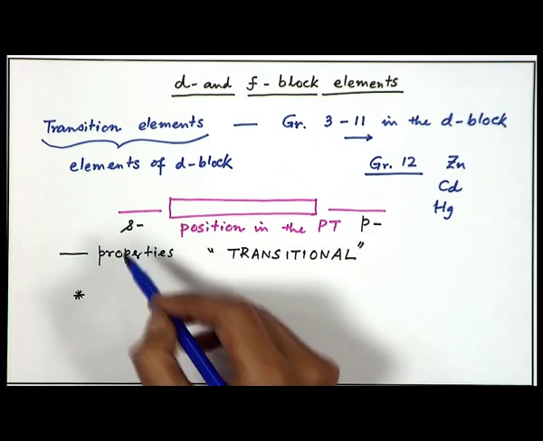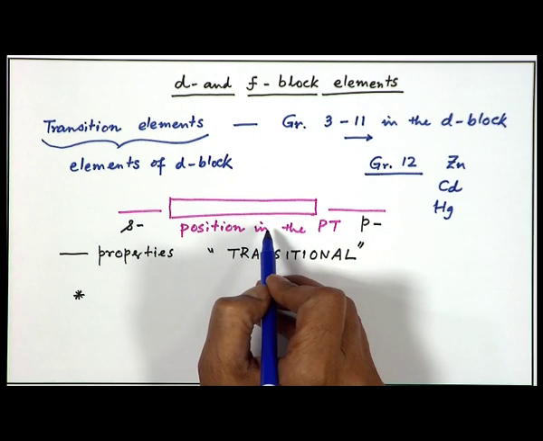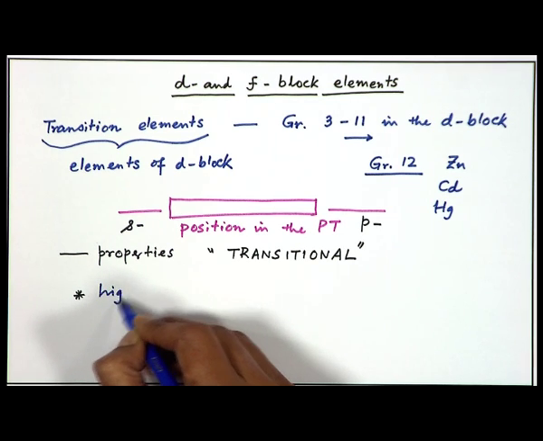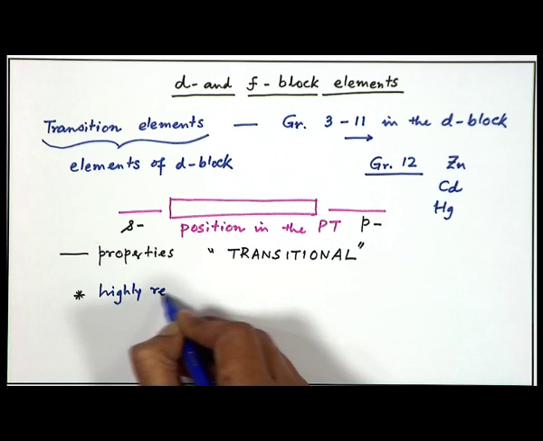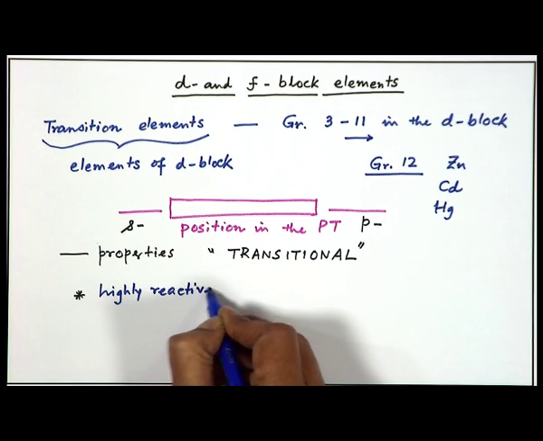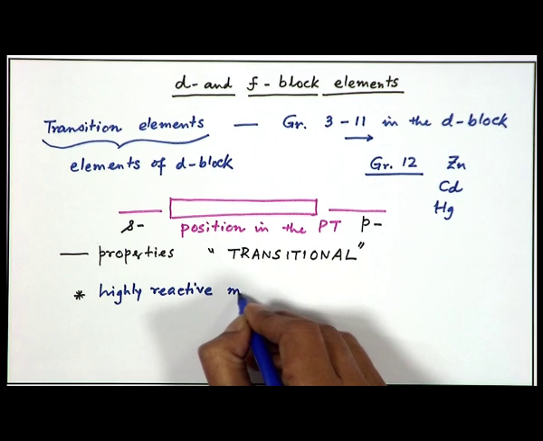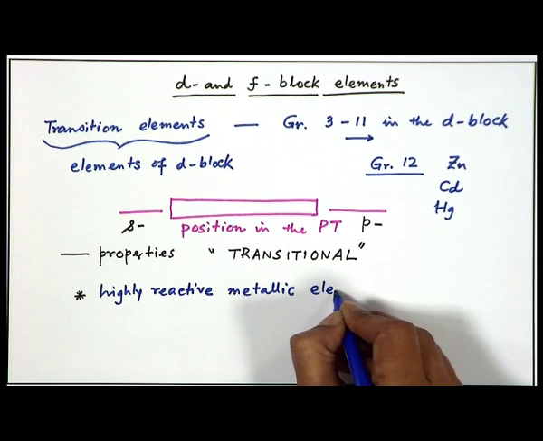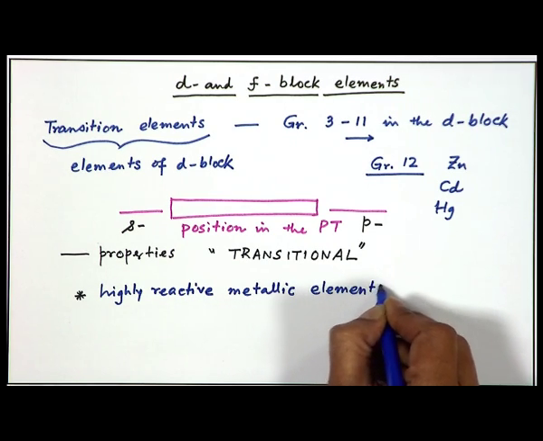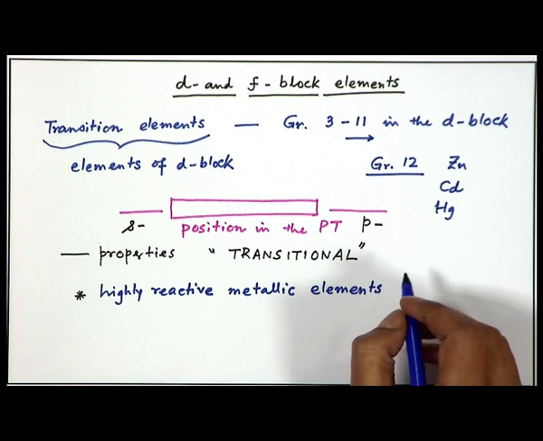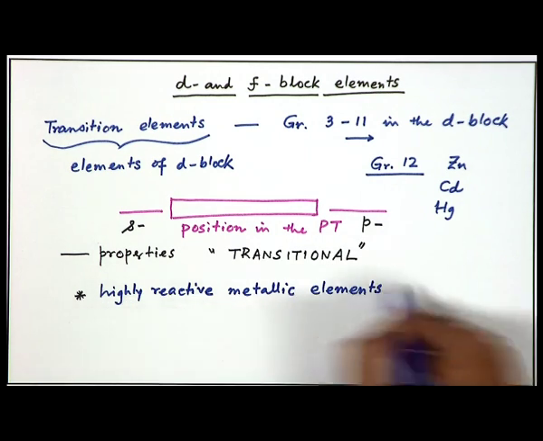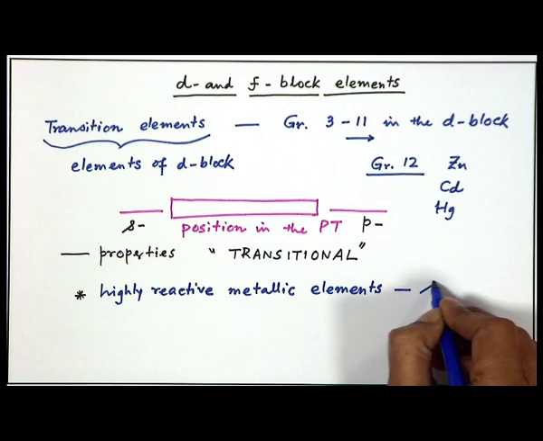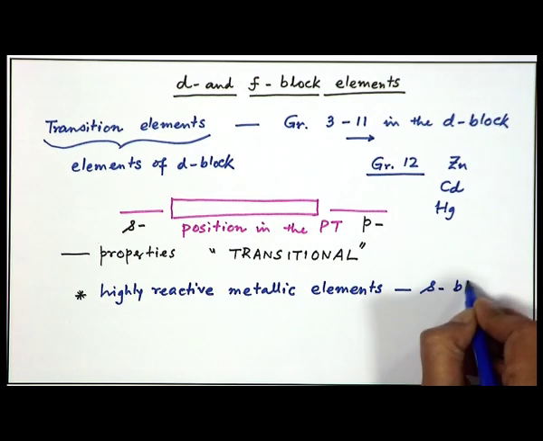So, when we move from them to these elements, we will find that they are also highly reactive metallic elements, which is very much similar to your S block elements.